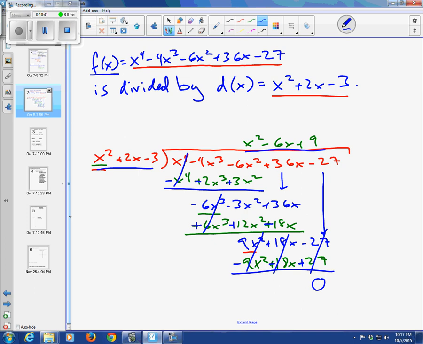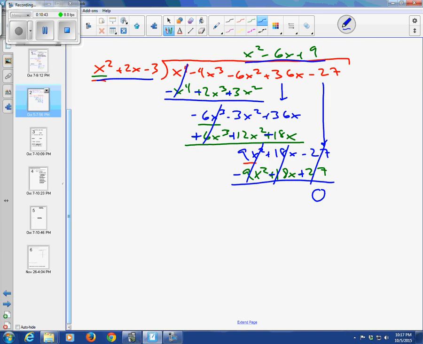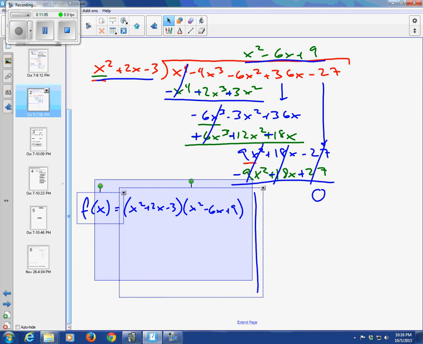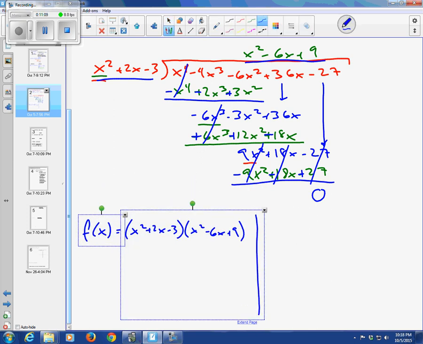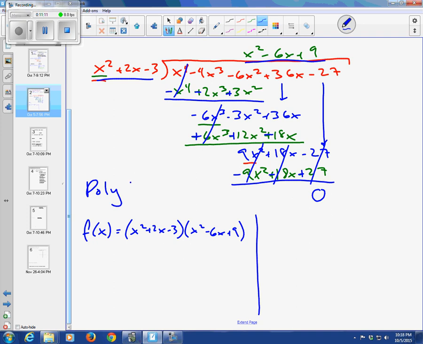So writing this in polynomial form, we would get f of x equals the divisor, x squared plus 2x minus 3, times the quotient x squared minus 6x plus 9. And right here, this is polynomial form, poly form, we'll call it.